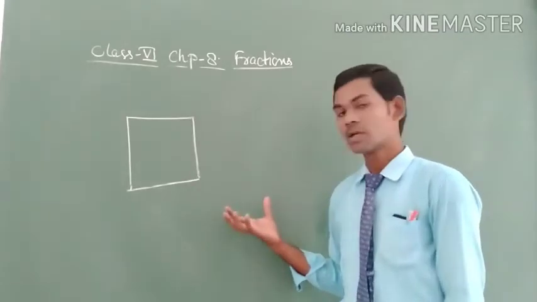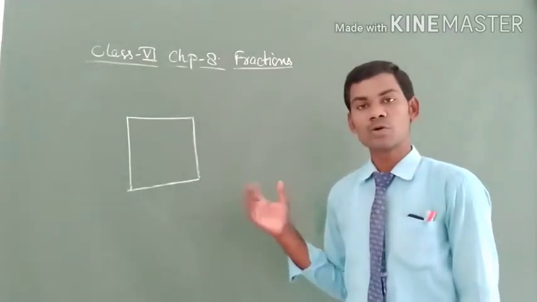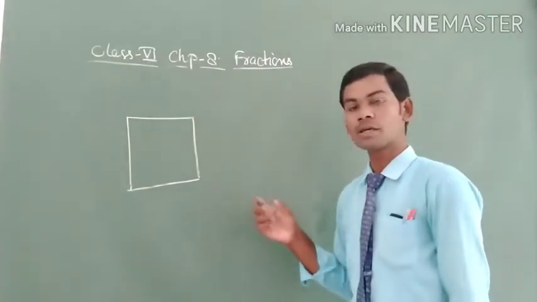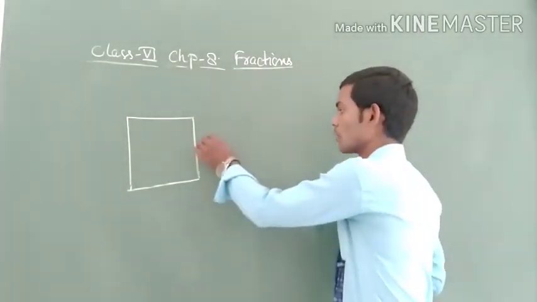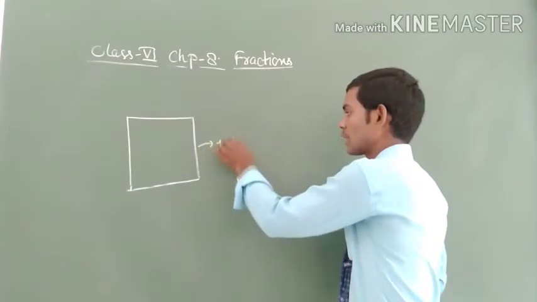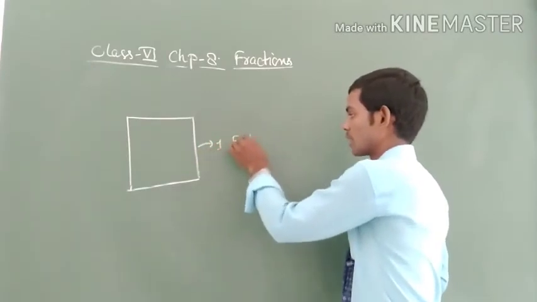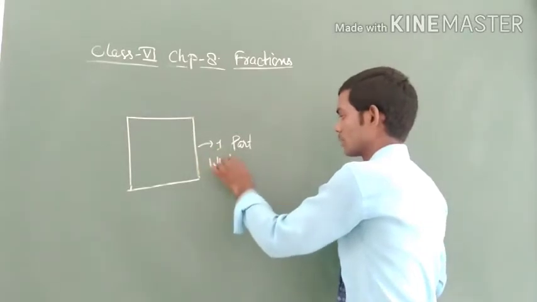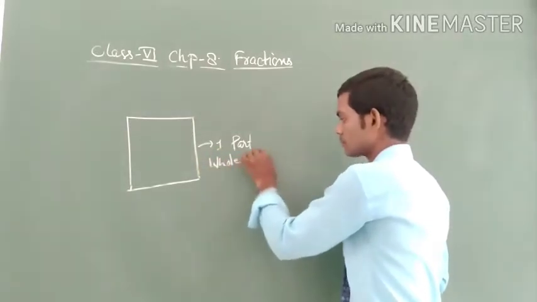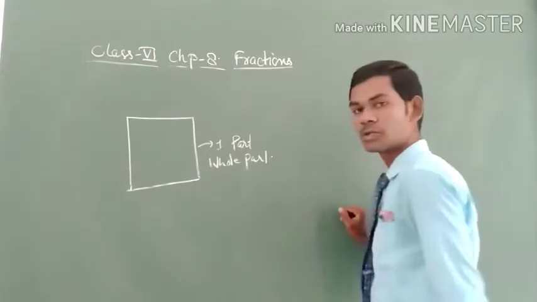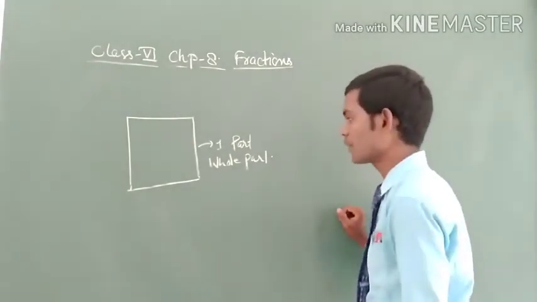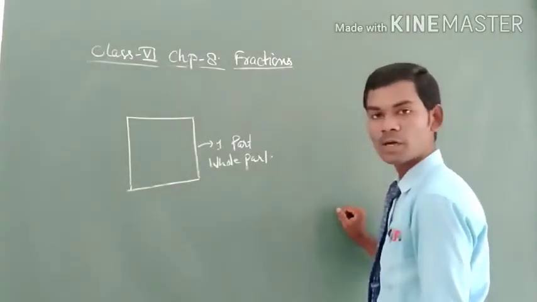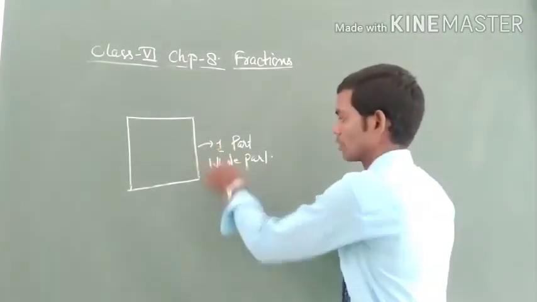This figure is complete, means it is whole, and if it is whole, then it has only one part, and the one part is the complete part, and therefore this is called the whole part. So if we write it, then we can say that this is one part out of one, that is the one.